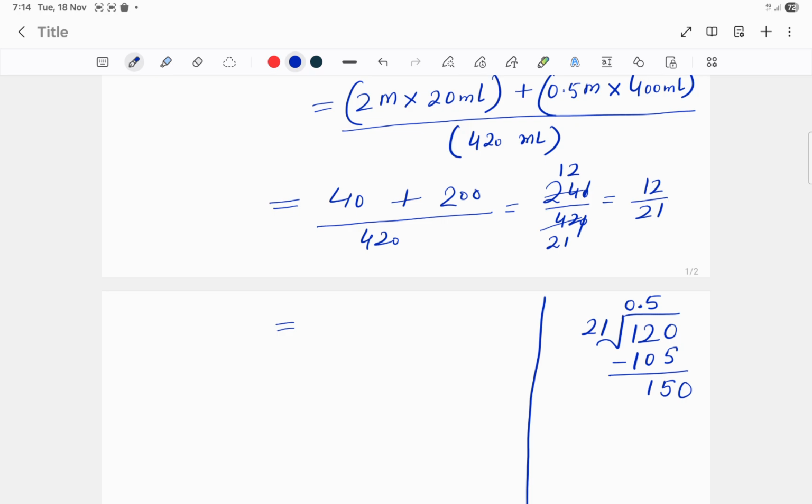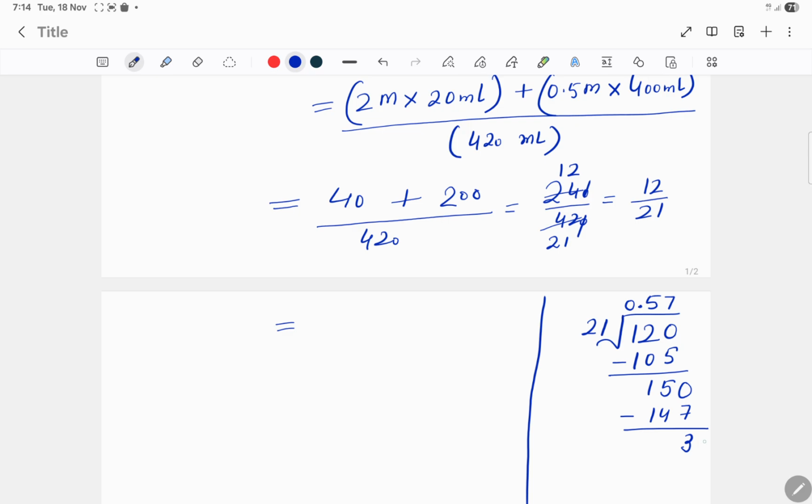If we multiply 7 with 21, approximately, it's going to be 147, and we get 3. We can continue after it also if you want to.